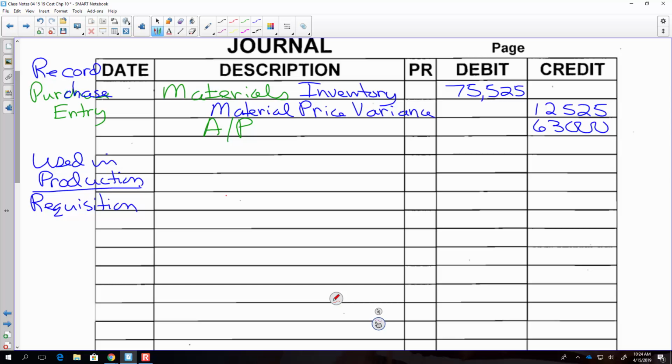I pull it out because we use the same amount that we purchased. Material inventory is credited for the same number, 75,525. But where am I putting my material? What account? WIP inventory.